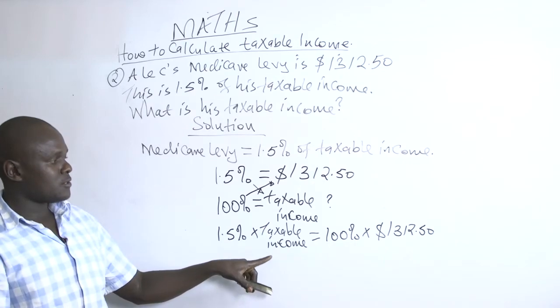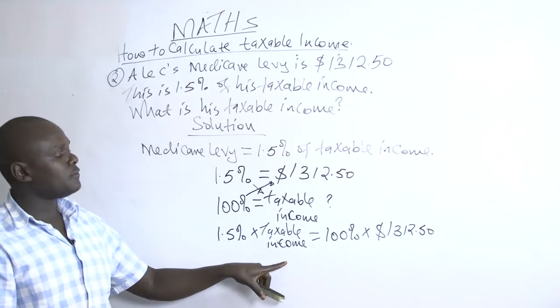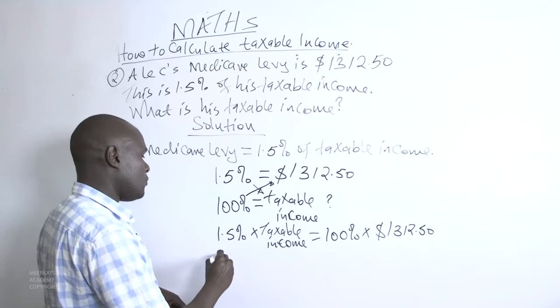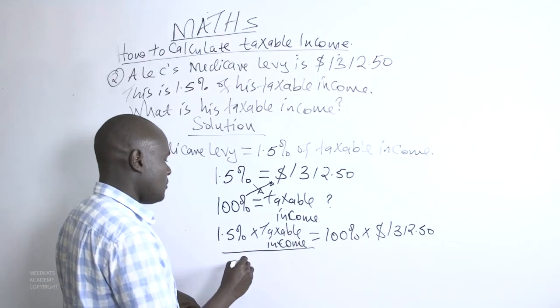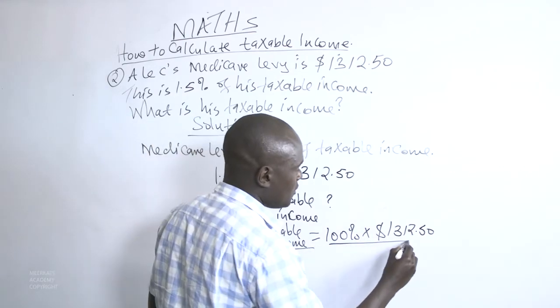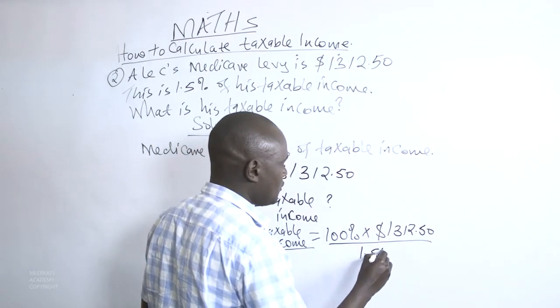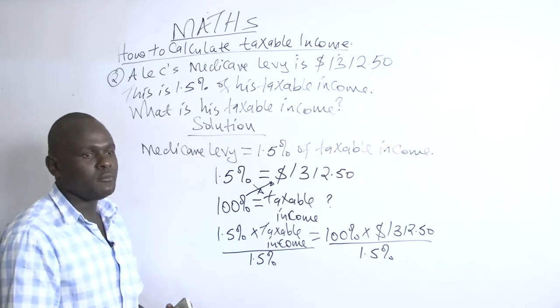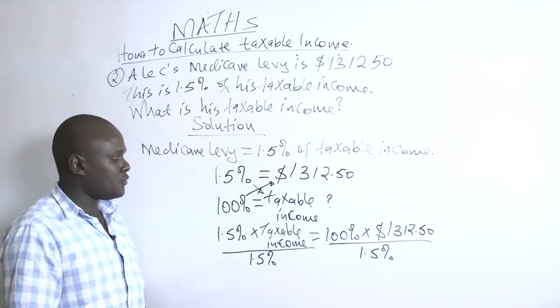So we are looking for this. We can make it the subject of the formula by dividing all through by 1.5%. What is done on one side of the equation should be done on the other side of the equation.